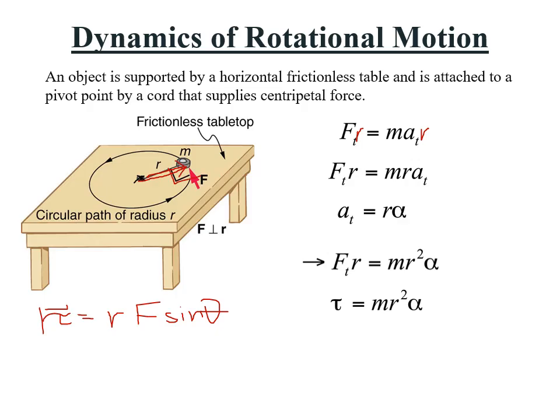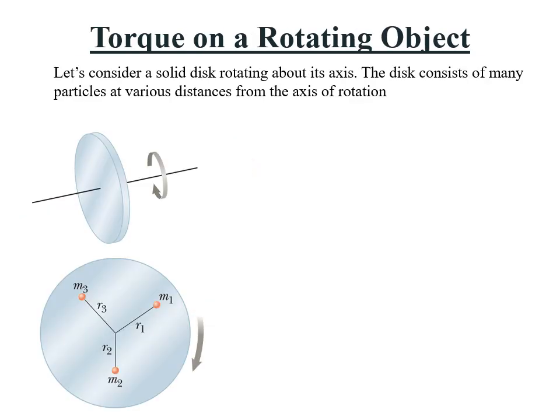As you see here, the angle between those two vectors is 90 degrees. So the magnitude of the torque is equal to r times F tangent, which I have substituted in here. That F tangent times r is the torque.